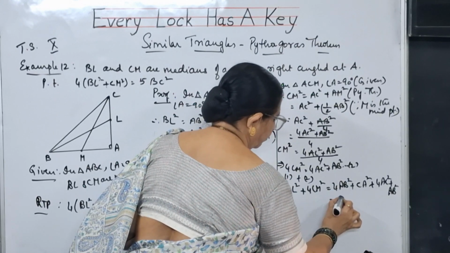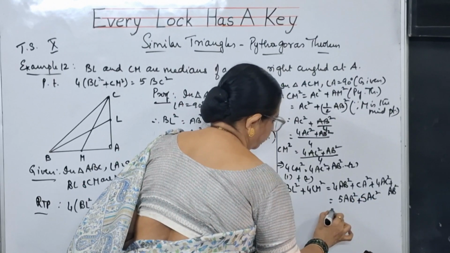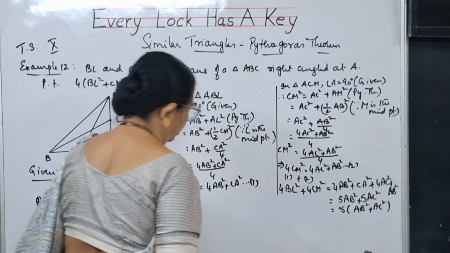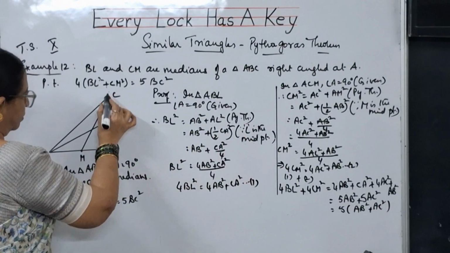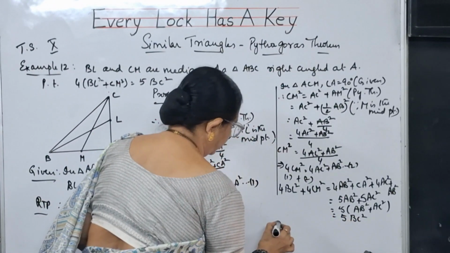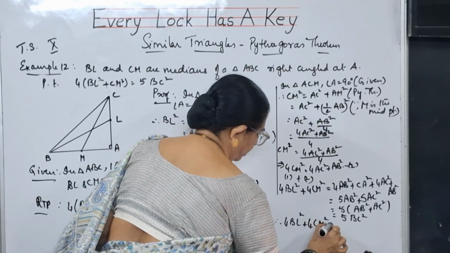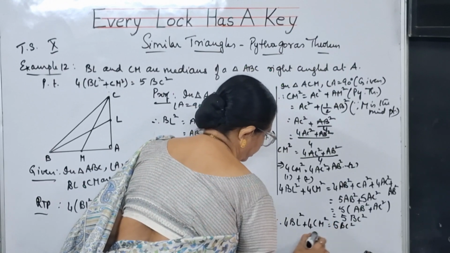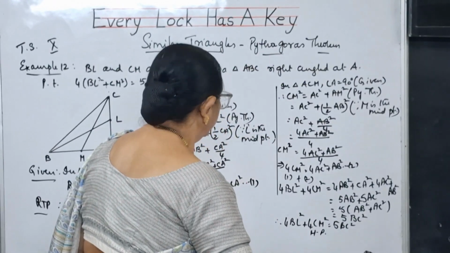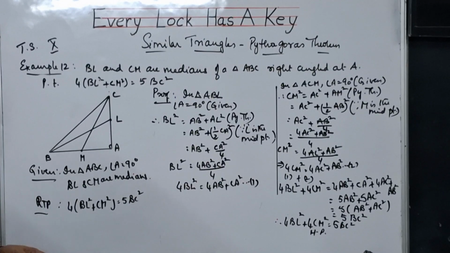That means 4 plus 1, 5AB square plus 4 plus 1, 5AC square. 5 is common, 5 into AB square plus AC square. So, what is AB square plus AC square? That is nothing but BC square, 5BC square. Therefore, 4BL square plus 4CM square is equal to 5BC square. Hence, proved. This is the proof of this problem, children. A very, very important problem. Please go through it. It's very important.